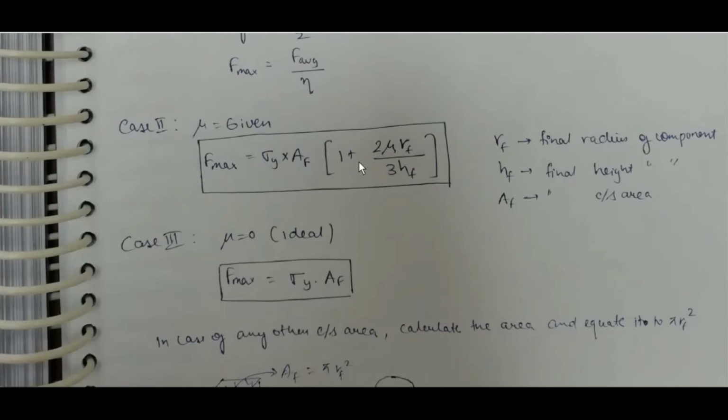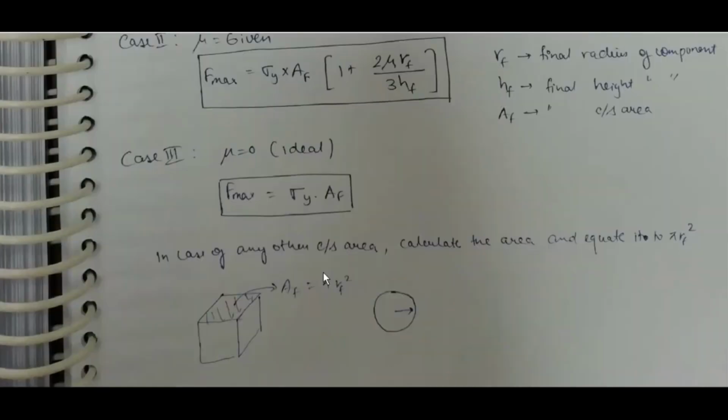Upsetting: reducing the height and increasing the diameter is called upsetting operation. Fullering is made like this, drawing is made like this, upsetting like this.